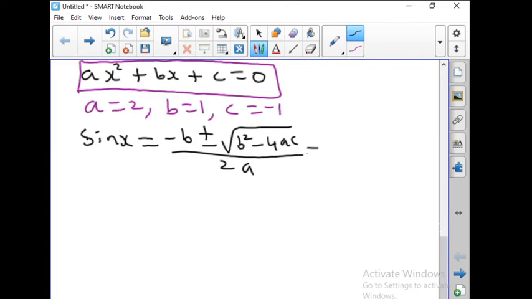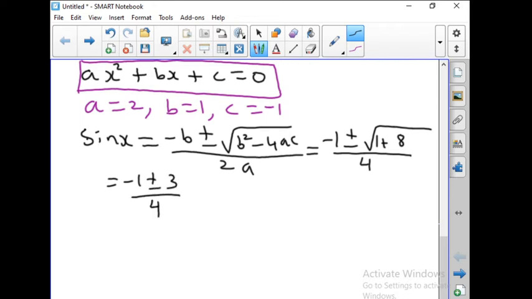So substitute: minus 1 plus or minus root of 1 square minus 4 into 2 into minus 1. So you get plus 8, by 2 into 2, which is 4. So it is equal to minus 1 plus or minus root 9, which is 3, by 4.